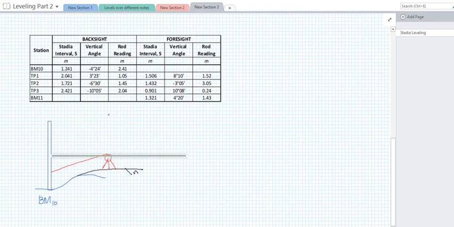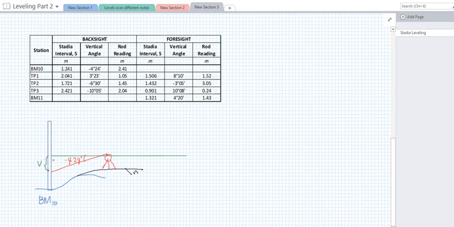We have an angle here of negative 4.24, which means it is pointing downward. So what we compute is the vertical distance on the backside, this is the BB.